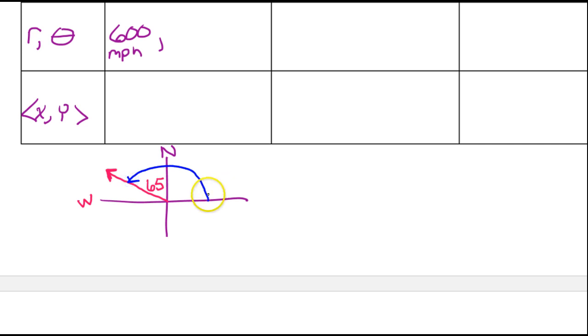In other words, counterclockwise starting from east. So this is the angle that we need. So this 65-degree angle that was sort of given to us, we can use that to find the direction, but this theta should equal 90 degrees plus the 65. So of course that's going to be a total of 155 degrees.